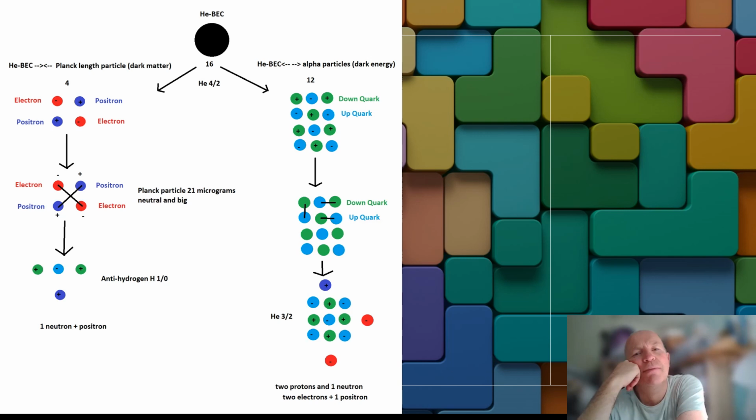So that provides the conceptual framework of going out as alpha particles and going in as the Planck particle or the dark matter particle. And those relationships from that original He-BEC singularity provide context for the division by c, or the distance 299,792,458 meters per second corresponding to c.